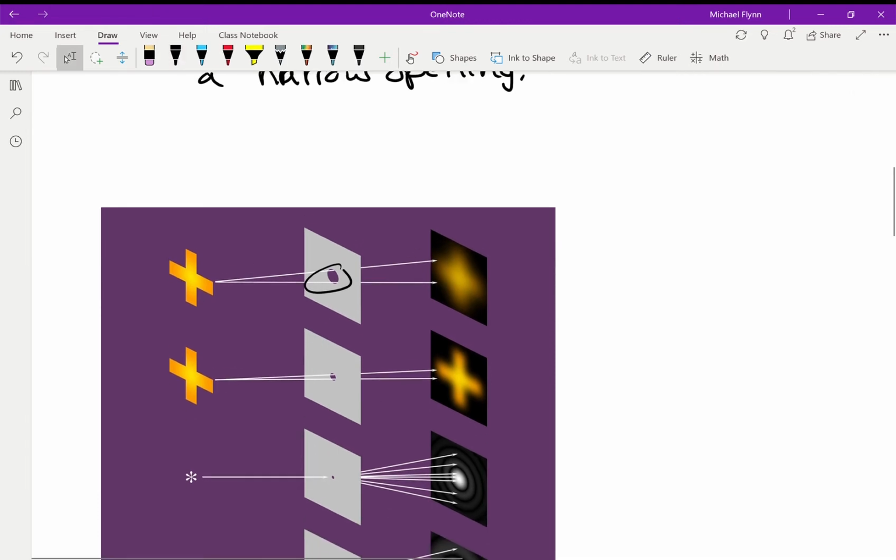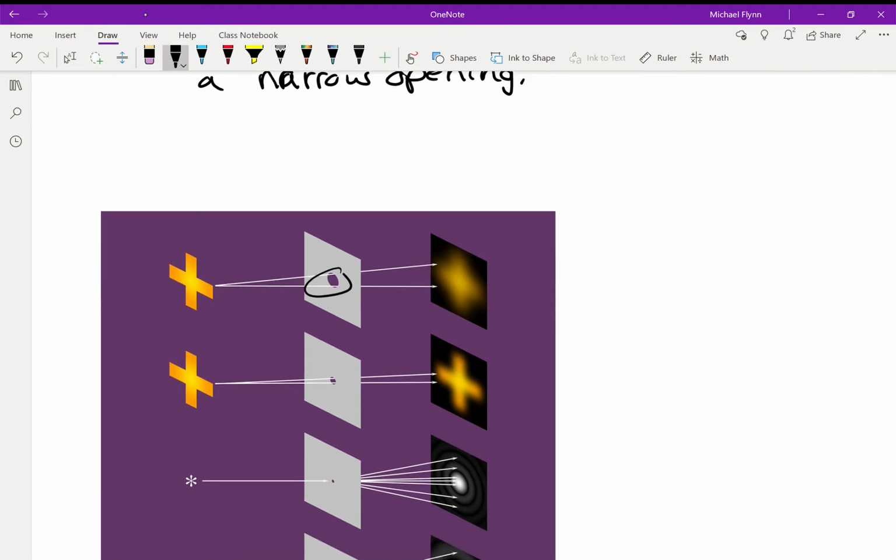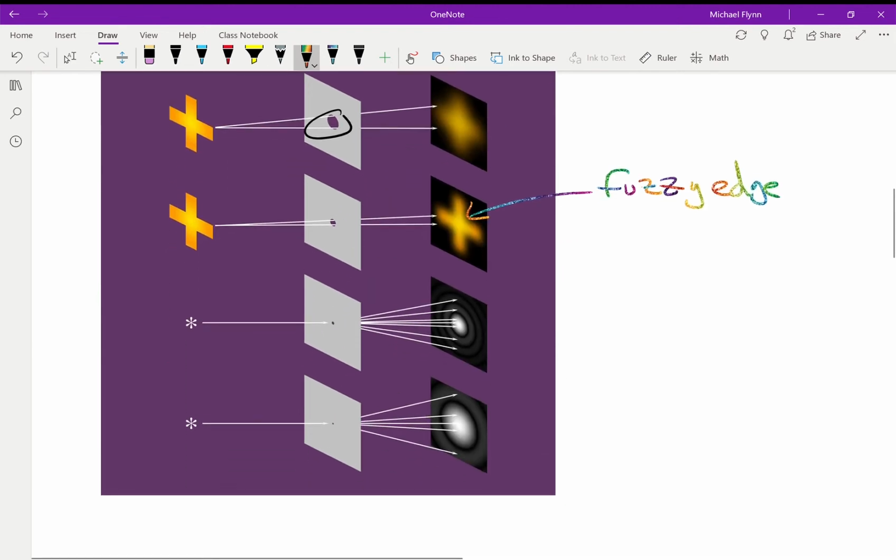Now if you make the hole smaller, the image will appear slightly sharper, but there's always a fuzzy edge, which I'll show in rainbow color. Now if light goes through a tiny hole, here we can see the fuzziness has a weird sort of ring pattern to it.